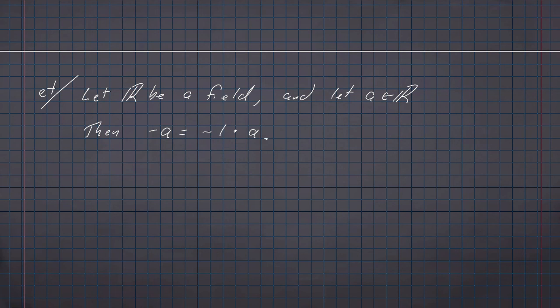It's something that you use all the time. But it's not one of the things we listed as a property of a field, so we want to make sure that it actually does hold.